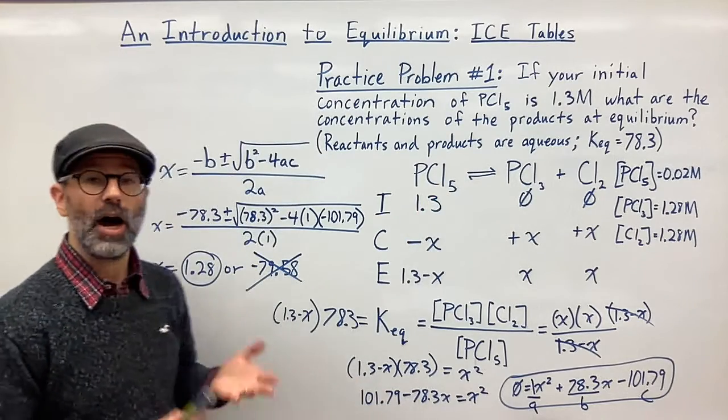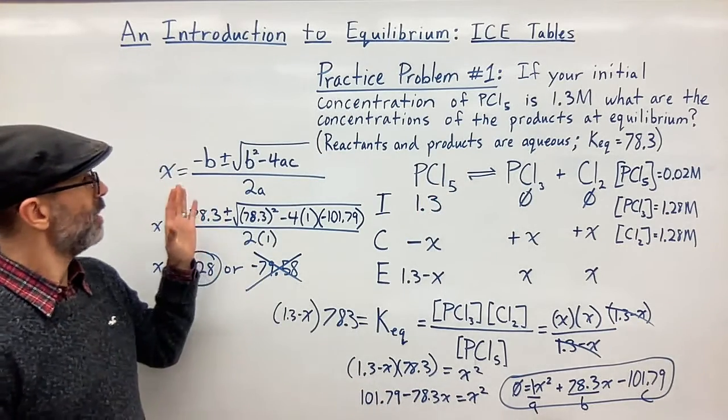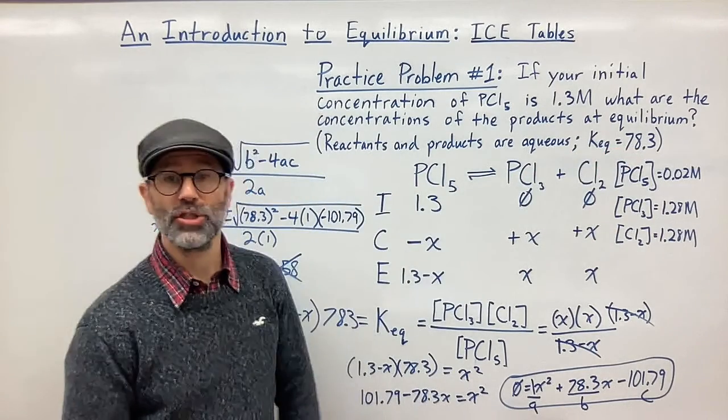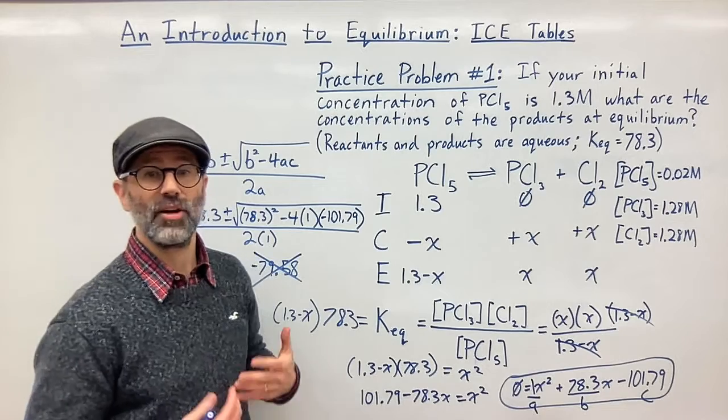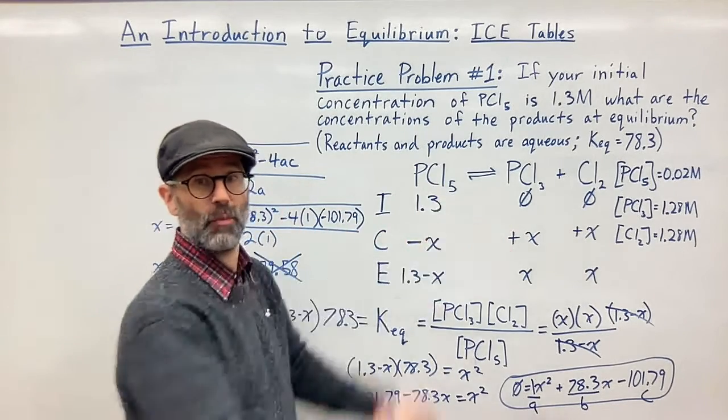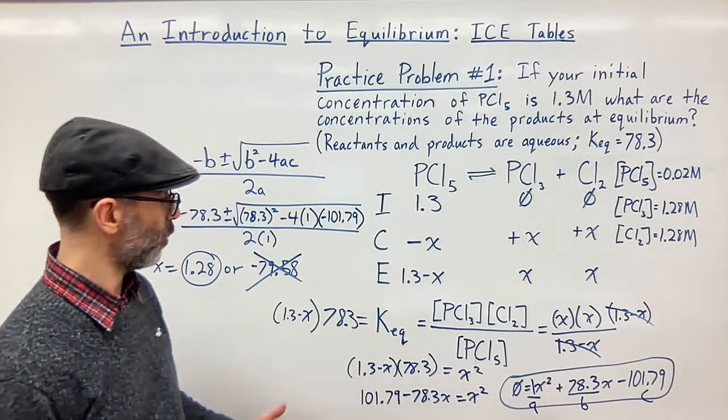And again, as I said, the KEQ value is very, very large, so that indicates that it's going to favor the products a lot more than the reactants. And that's exactly what we see.